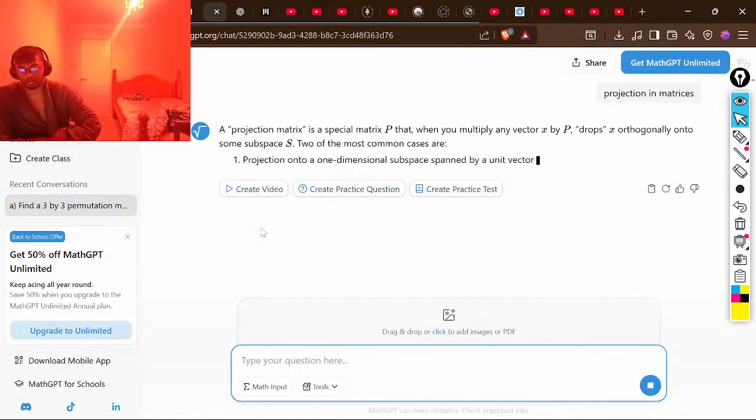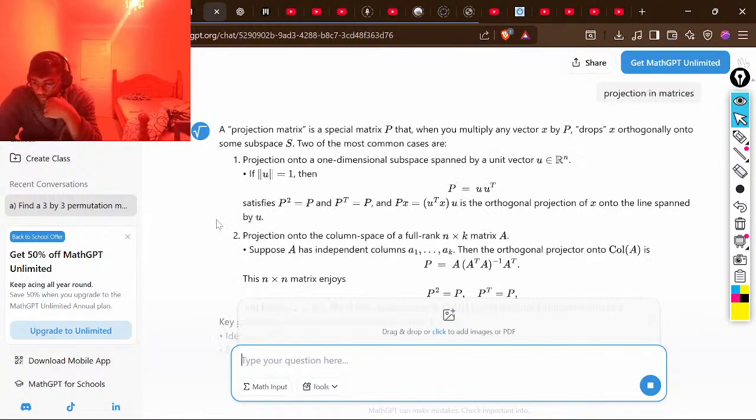Projection is a special matrix P that, when you multiply any vector x, like sunlight in our example, by P, drops orthogonally onto some subspace S. Two of the more common cases: the projection onto a one-dimensional space, and if it's a one-dimensional space, then this is the formula.